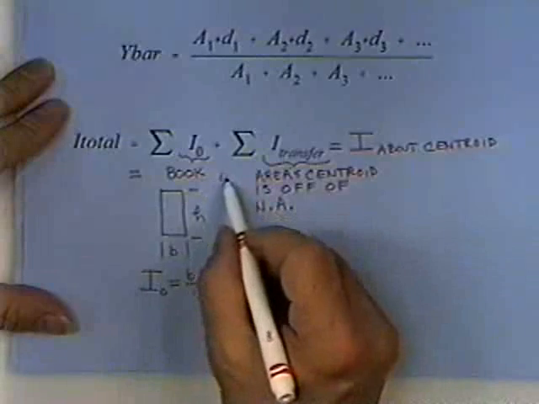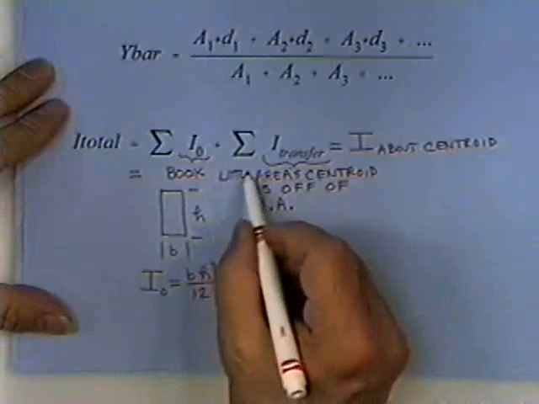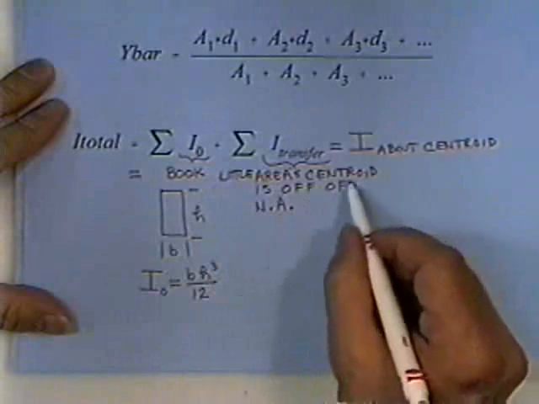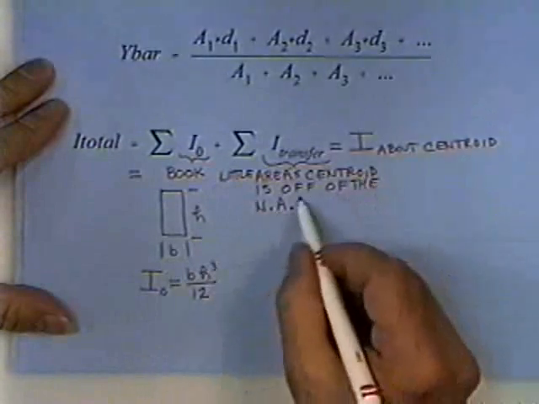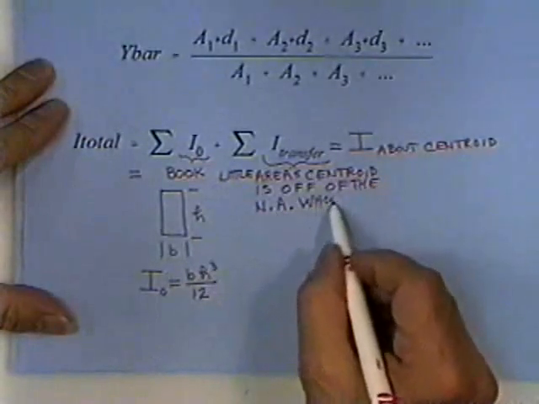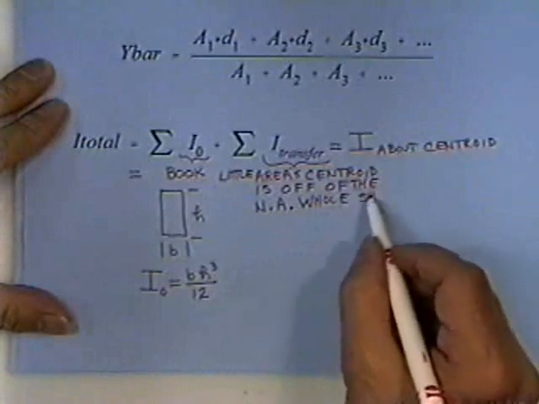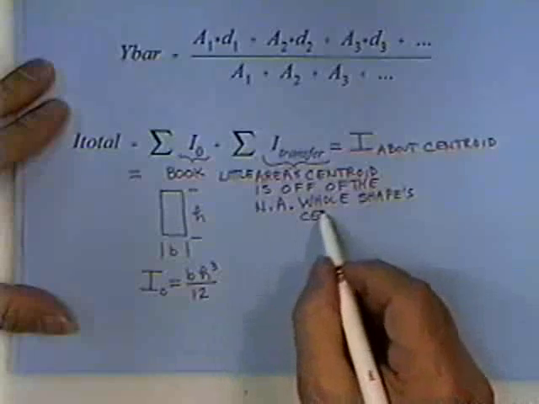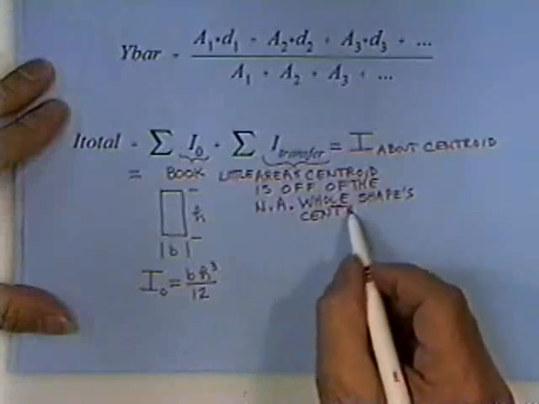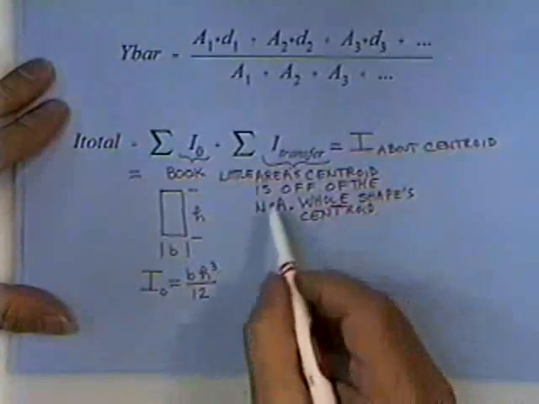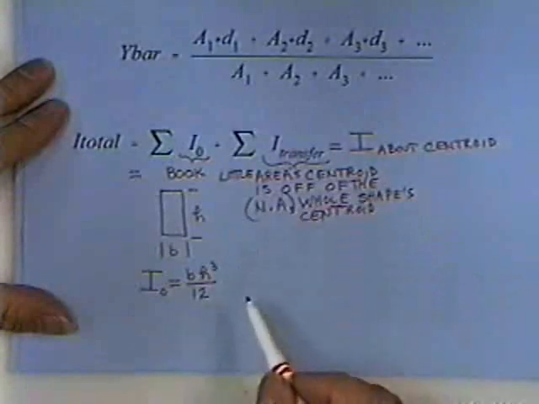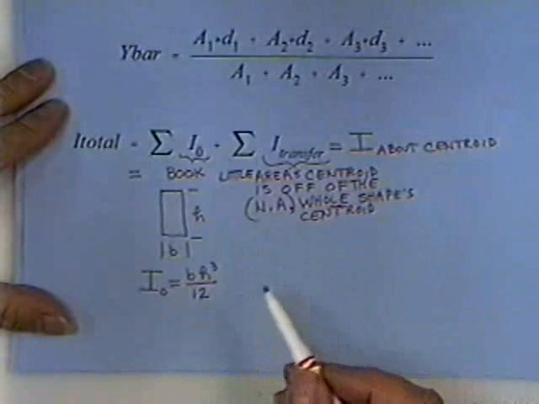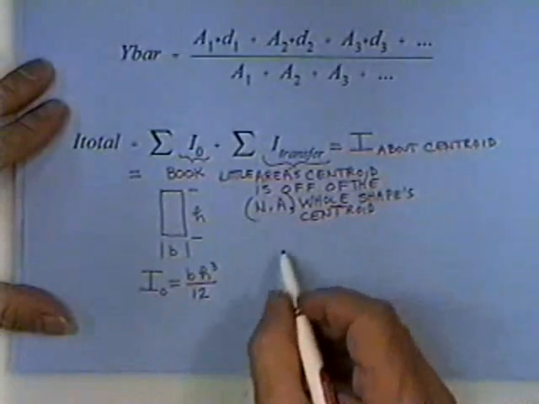In other words, anytime one of the little area's centroid is off of the whole shape's centroid, or the neutral axis, then you pick up a transfer moment of inertia along with the I0 term.